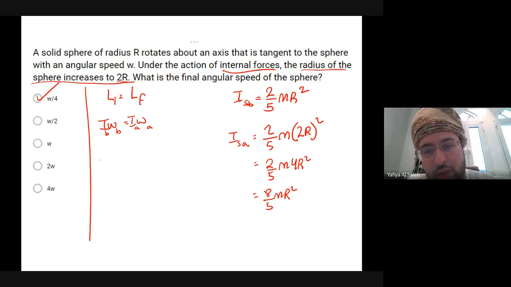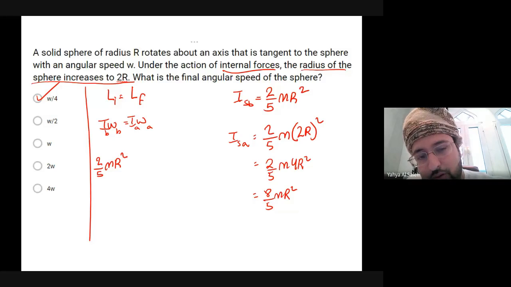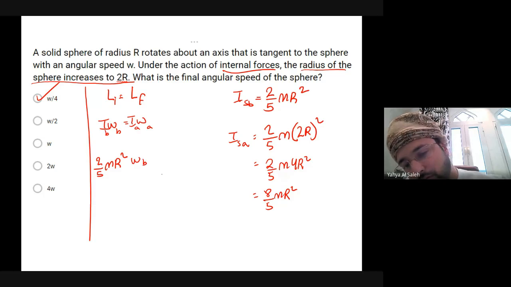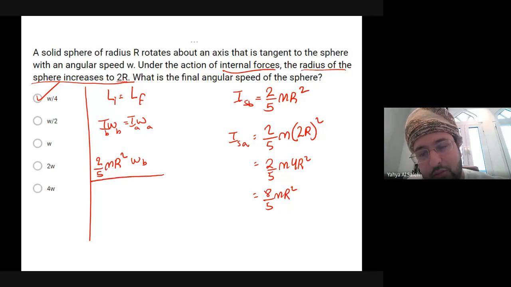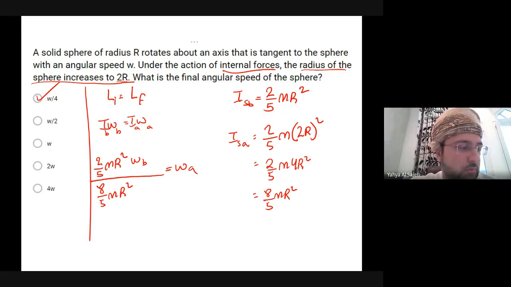So I before, 2 over 5 mr squared, times omega before, divided by 8 over 5 mr squared will give me my omega after.